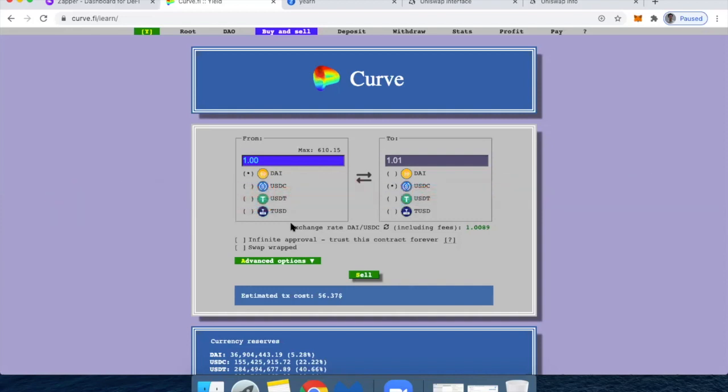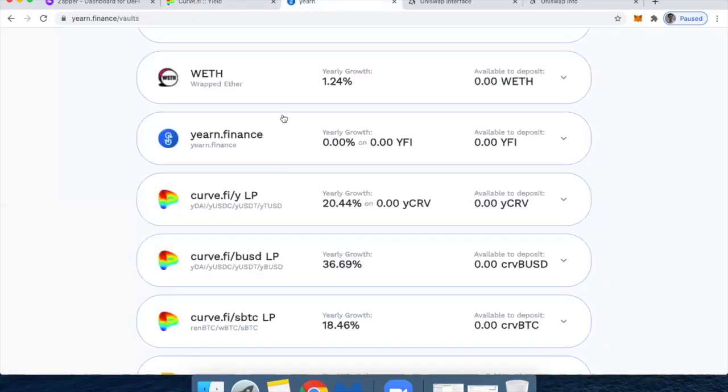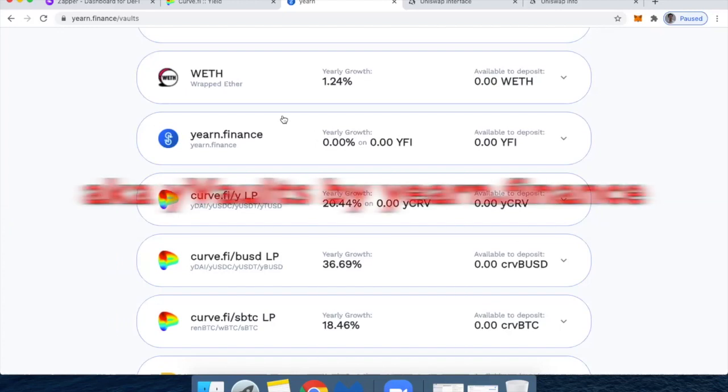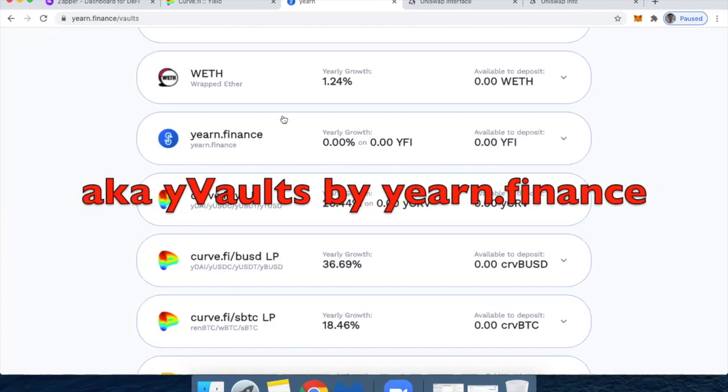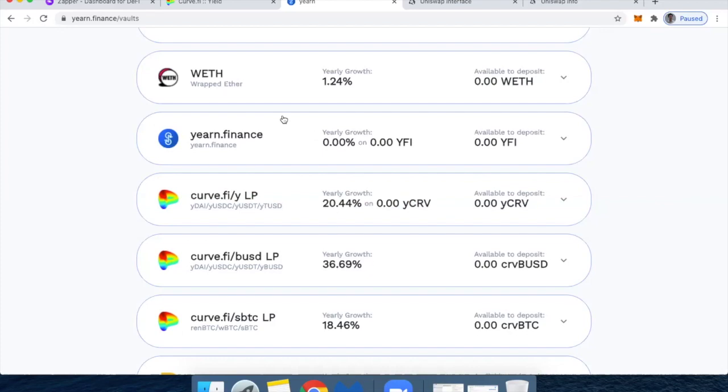But aside from that, Yearn then released what are called vaults. Vaults are for automating yield. Many of the more sophisticated strategies for yield farming require lots of transactions and time and expertise.